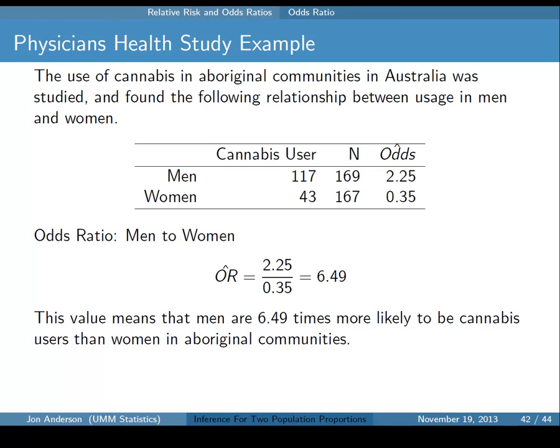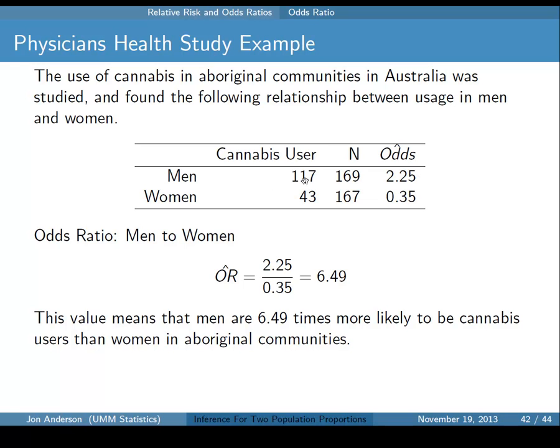So here's an example to illustrate. We have data from Australia on cannabis use, studying cannabis use in men. There were 169 men studied, and 117 of them were cannabis users, and that makes a p-hat over 1 minus p-hat of about 2.25.